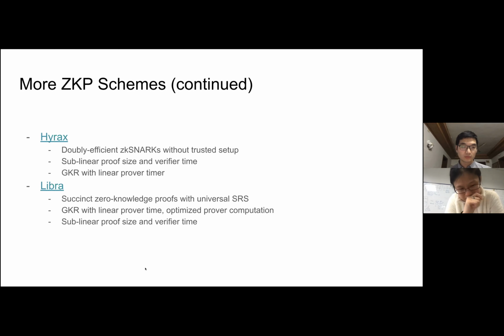Hyrax does not require a trusted setup, but Libra requires a universal setup, and it has a smaller proof size and verify time.